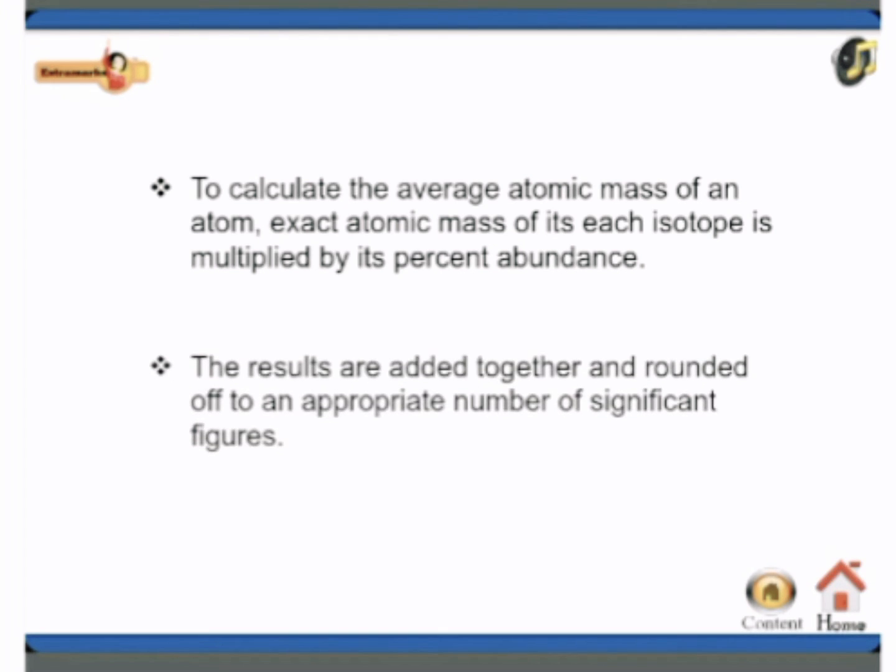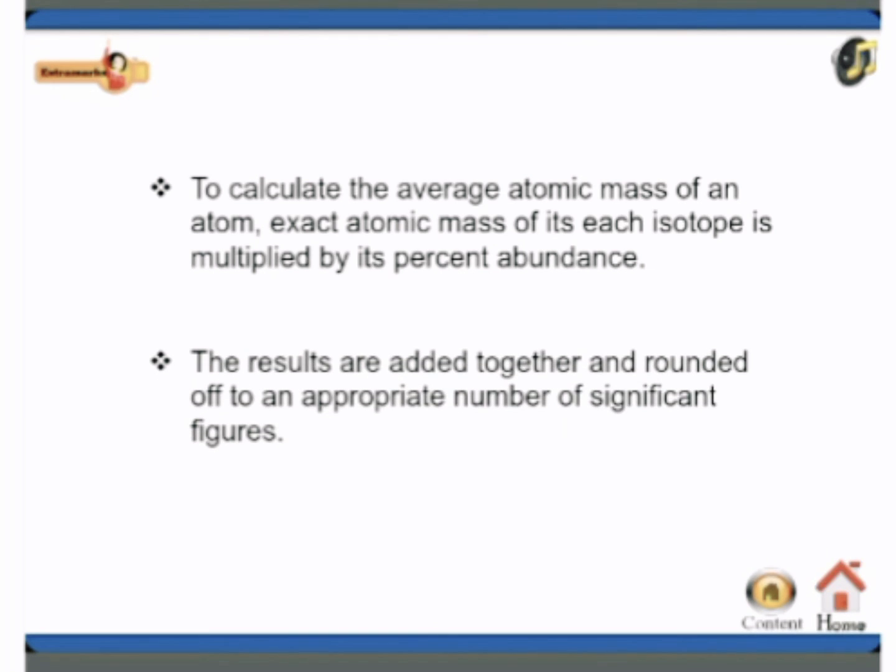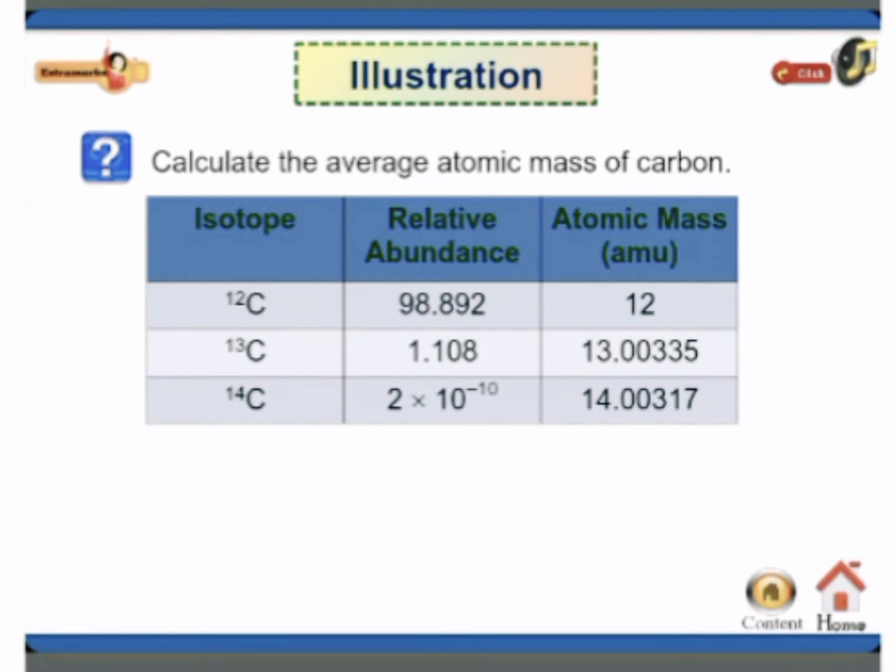The results are added together and rounded off to an appropriate number of significant figures. Calculate the average atomic mass of carbon from the given table.